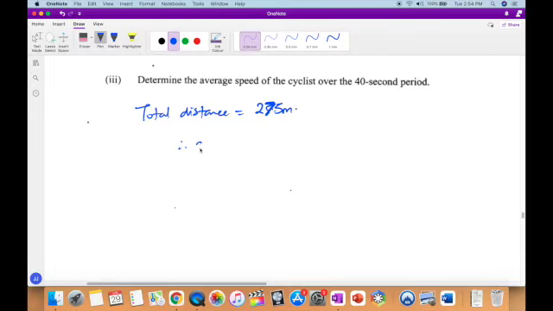So therefore the average speed that he used would have been the 275, which is the distance, all over the time taken, which was 40 seconds, I believe. So 275 divided by 40 gives us approximately 6.875 meters per second.